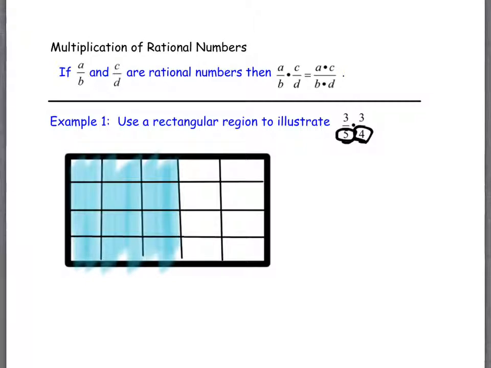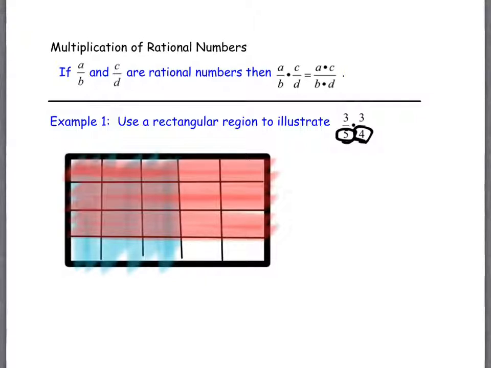There we go. I'm going to shade again. I'm going to use a different color so that we can compare these a little more easily. If you're doing it with a pencil, just do the shading in a different direction. So instead of shading top to down, you're going to do left to right or something like that. So I'm going to shade across the top here. Here's row 2, and here's row 3.